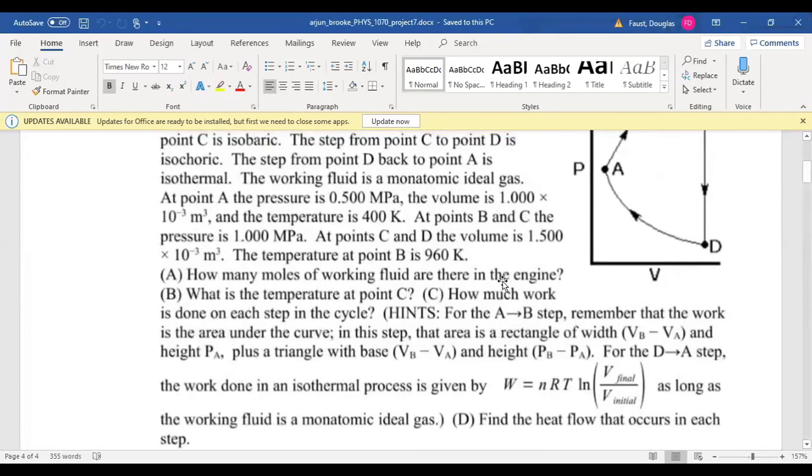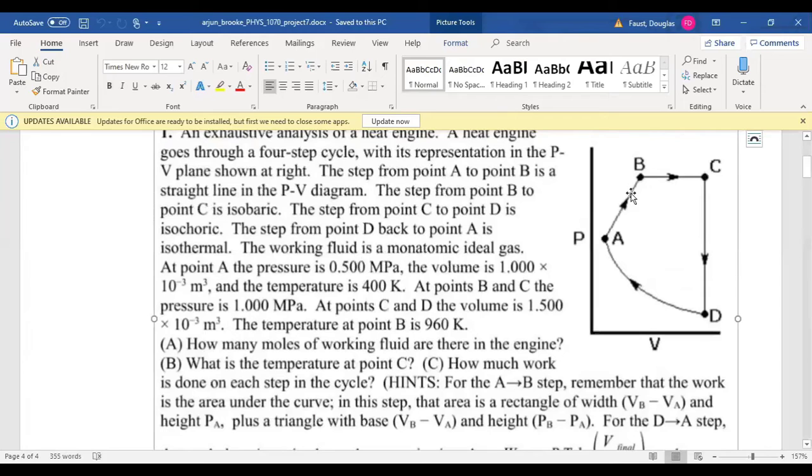For which one? The heat flow from A to B. So part D. Yeah, maybe the theme for today is that this is like a Sudoku problem.